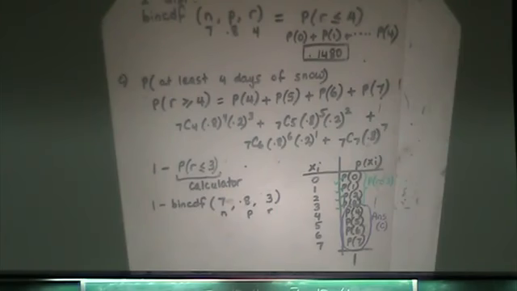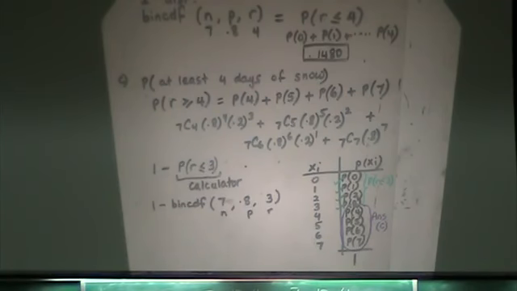So let's see what they're doing on this page right here. I'm on page 7. It's just talking about the assumptions on page 7. It says make sure that, I'm in the last paragraph, there are a fixed number of trials n.